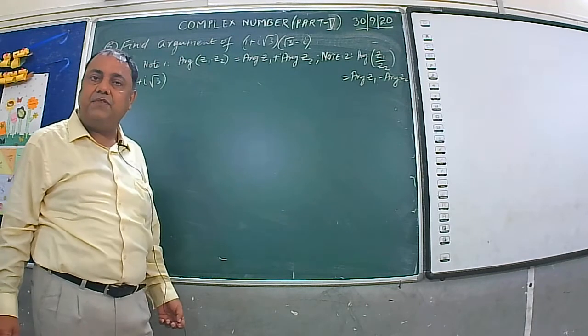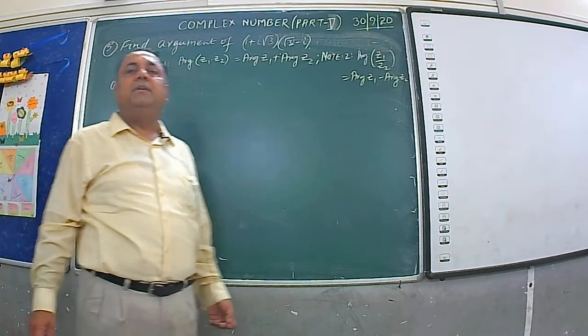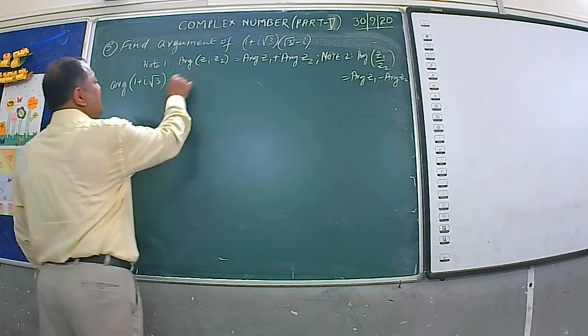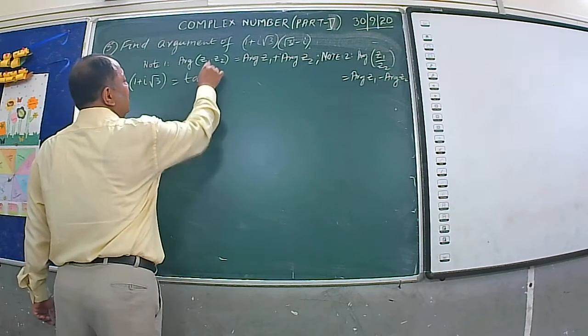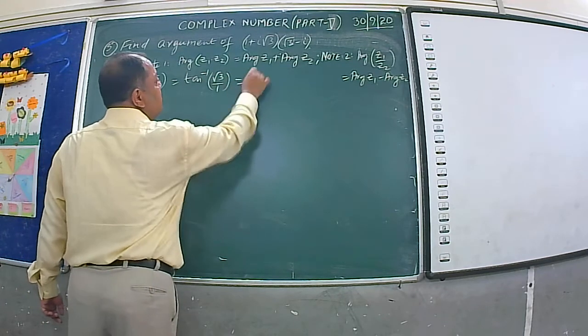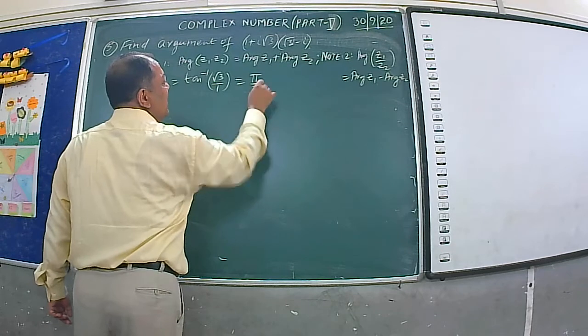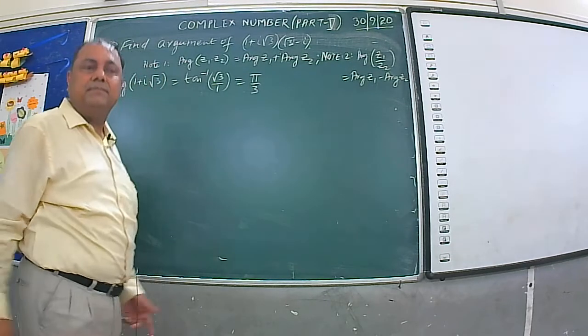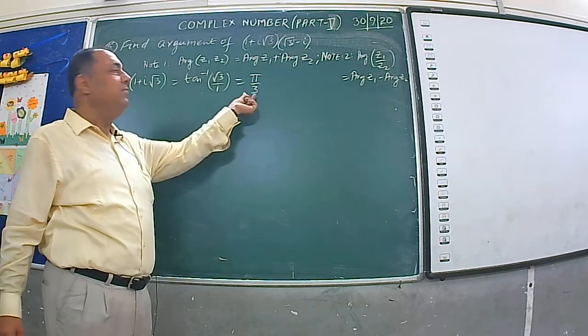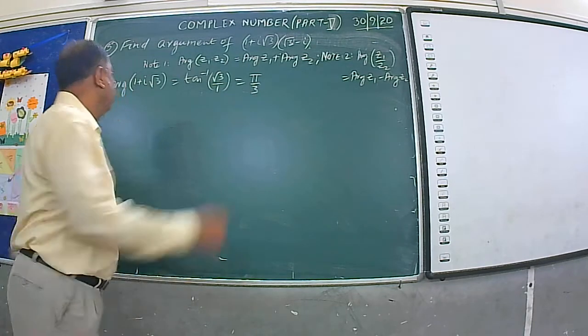And if it is in the first quadrant, we may write the argument of this as tan inverse root 3 by 1, and its principal value is pi by 3. So first part, argument pi by 3.